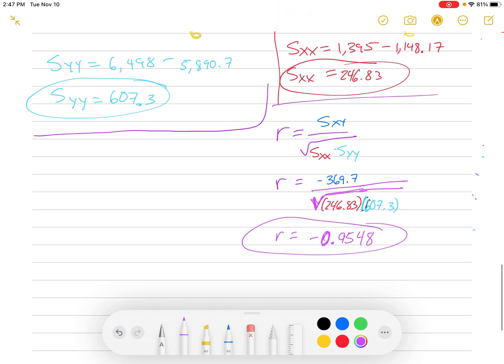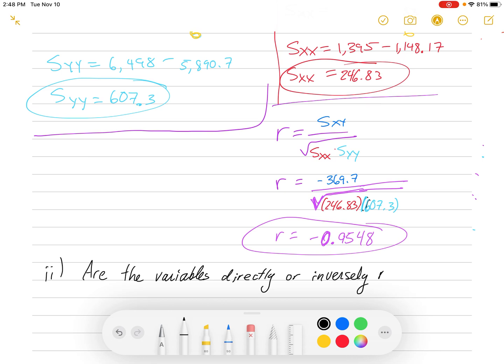That was number 1, find the correlation coefficient. Number 2: are the variables directly or inversely related?